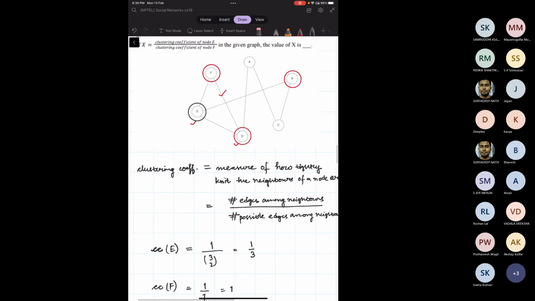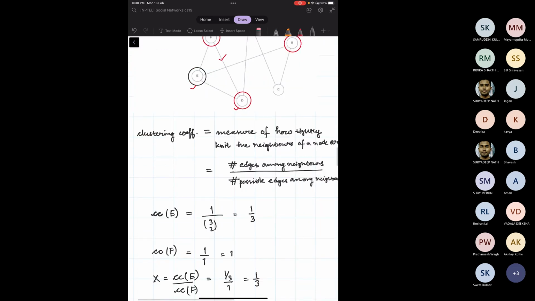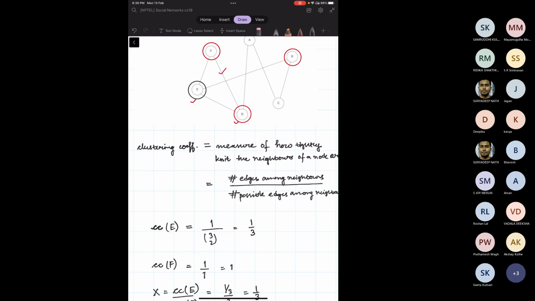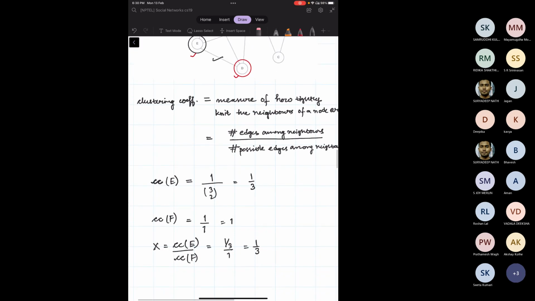So the clustering coefficient is 1 over 3 for E. And for the clustering coefficient of F, look at F: its neighbors are E and D. Now look only at E and D. How many edges can be possible between E and D? 1. And how many are present? Also 1. So it's 1 over 1, and X equals this ratio, which is 1 by 3.